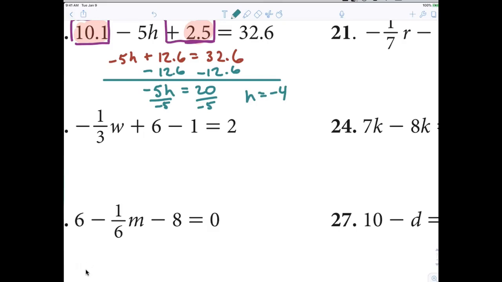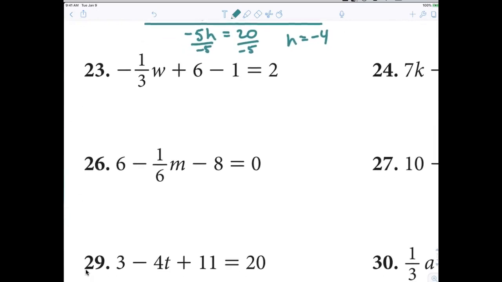Everybody okay with that? All right, Carly, I'm trying to help you now with 23. So look at 23 for me. What do you think I should do on 23? Tell me what that is. You see that or not? So now you just write it as negative 1/3 W plus 5 equals 2.